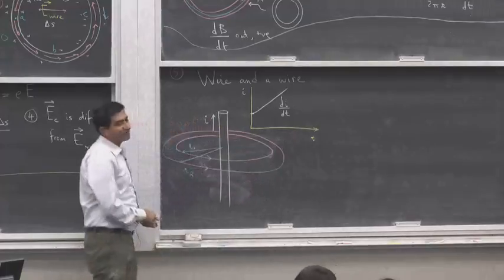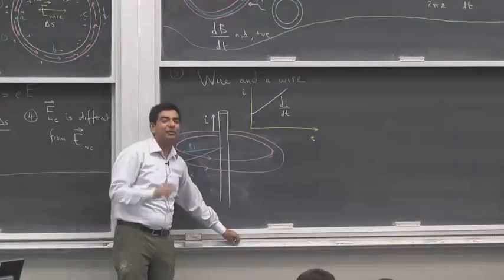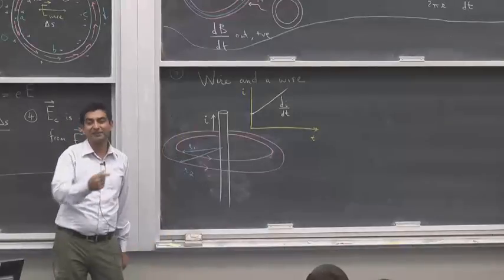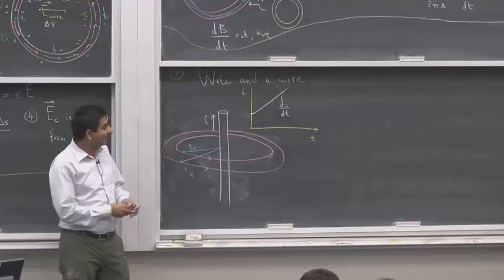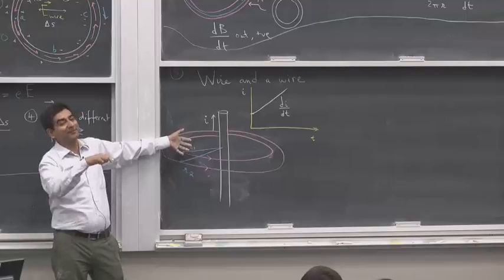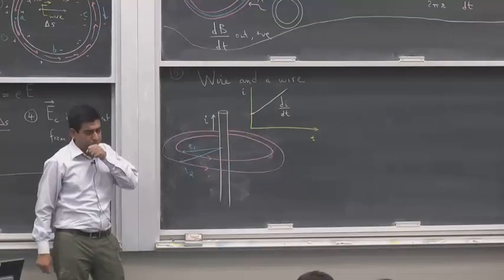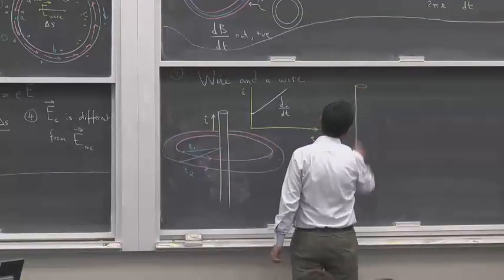Now what I would like to do is place another wire close to this wire, and see whether an EMF is induced in that wire. Whether there is a nearby wire that I can place so that a current flows through that wire because of this changing current. So the configuration is the following.